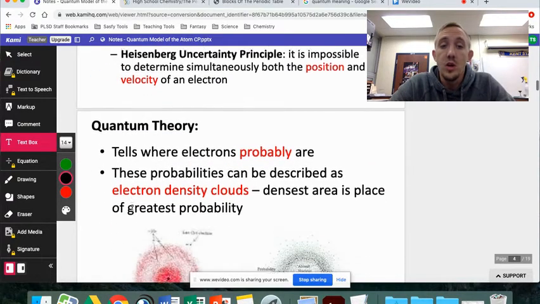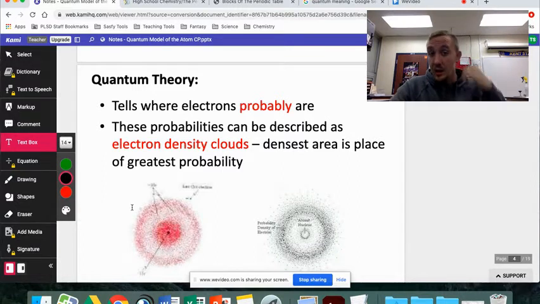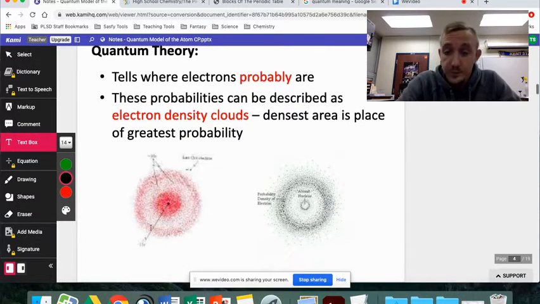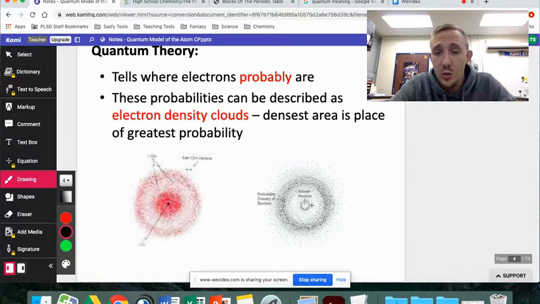So, the quantum theory tells us where electrons are probably going to be. And these probabilities are detected as electron density clouds. So the dense areas are the higher probability. Okay. So if we look, the nucleus is in the center. Okay. And then we see these dark clouds, and you can notice there's rings. So we have a ring here.